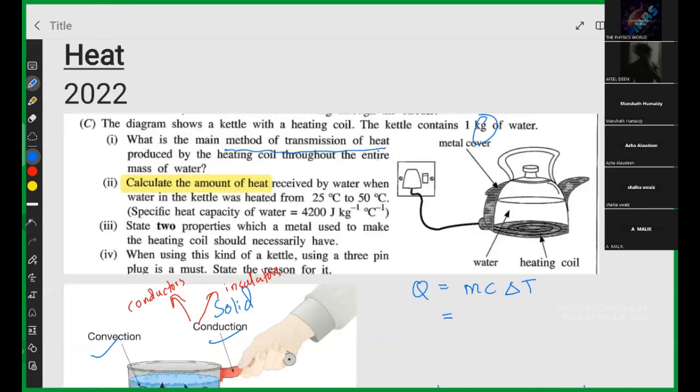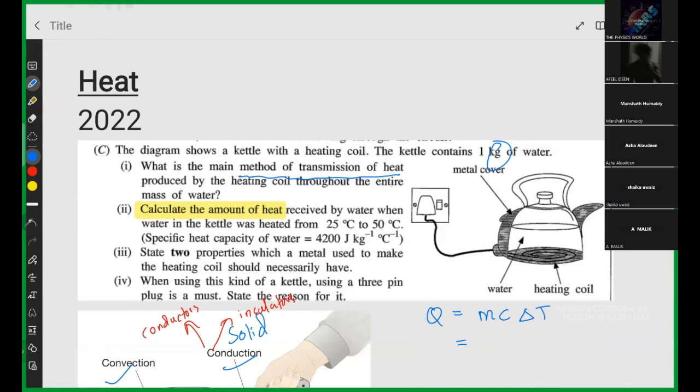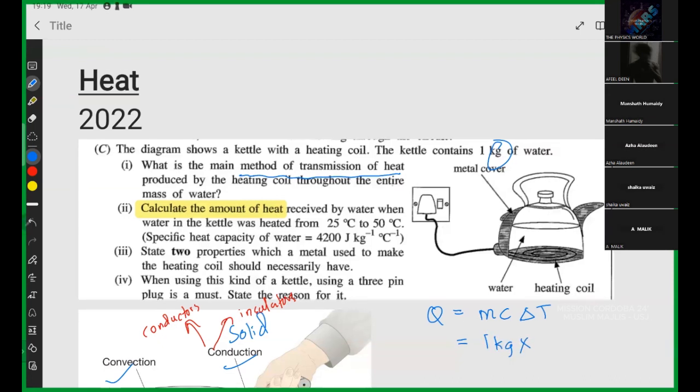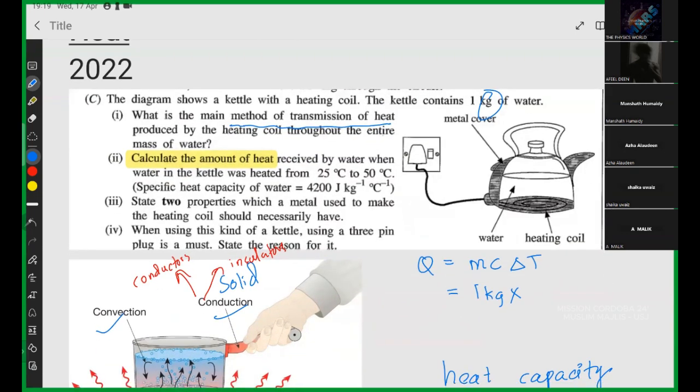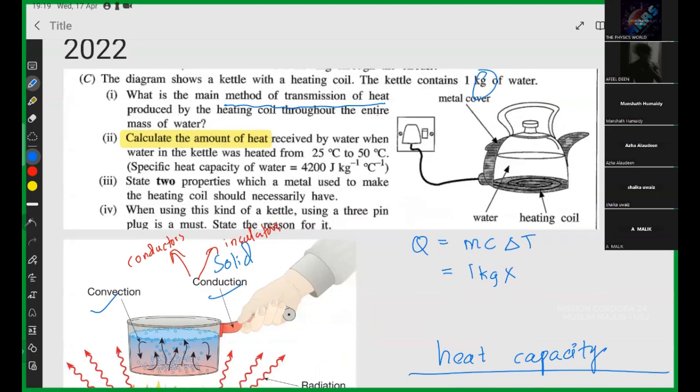Sometimes they consider the unit, sometimes they don't. So it's on our side, a safe side, to put the unit. So 1 kilogram. And they have mentioned the specific heat capacity of water is 4,200 joule per kilogram per Kelvin.